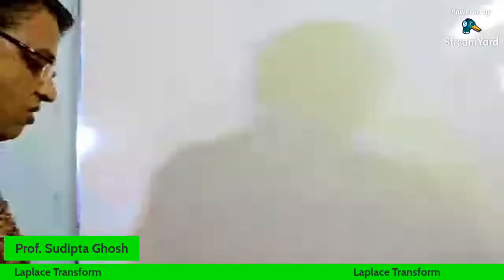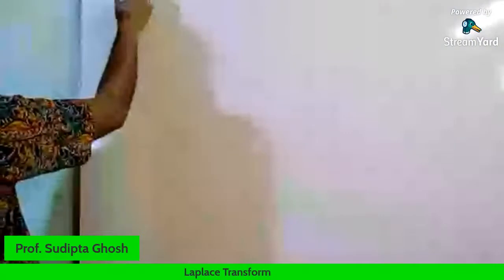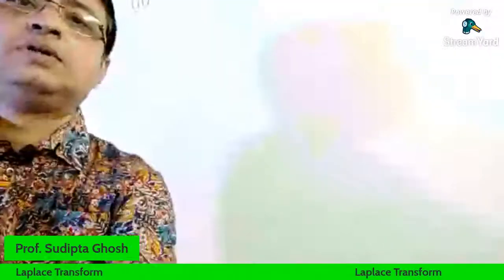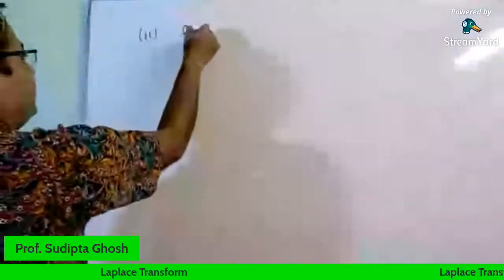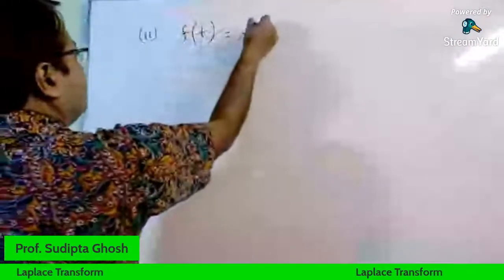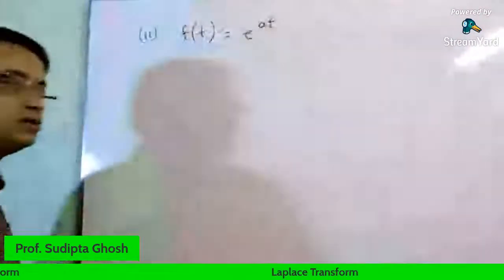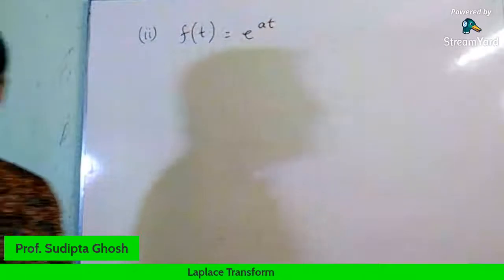Now my second function, let us consider an exponential function, e to the power at. So f of t equals e to the power at. This is the second function.